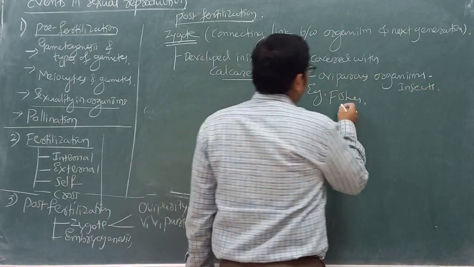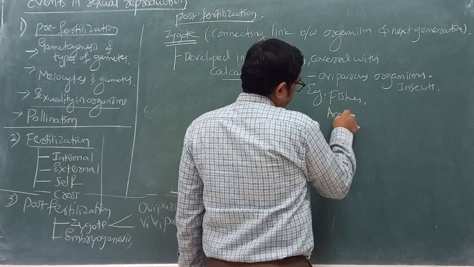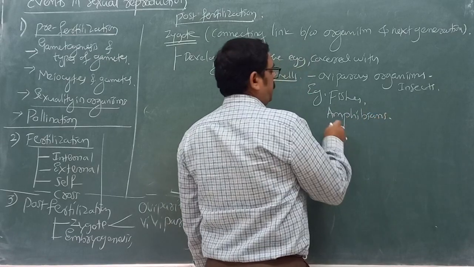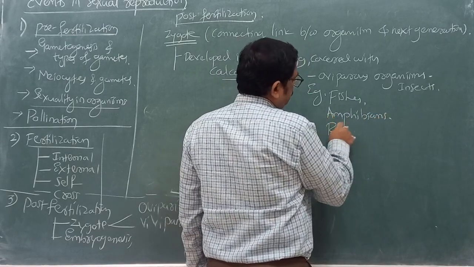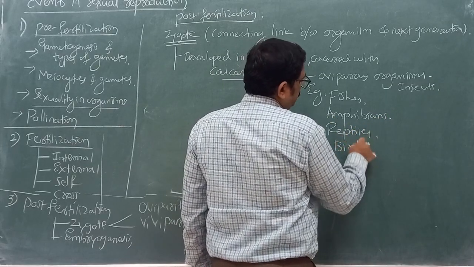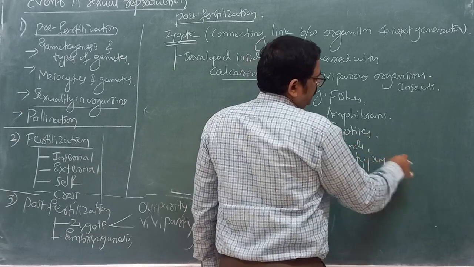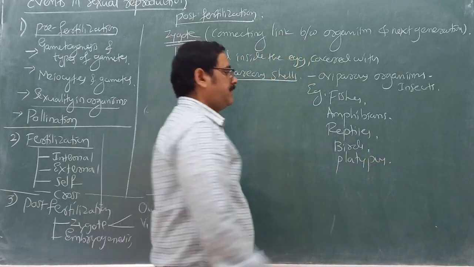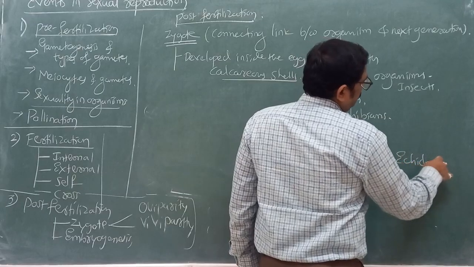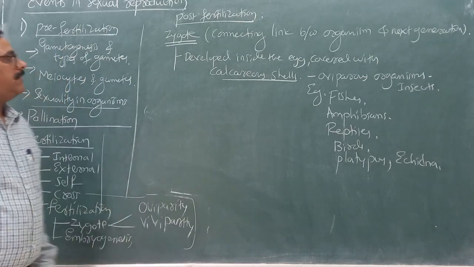Insects, fishes, and then mainly amphibians, as well as reptiles, birds, and platypus. Egg-laying mammal, platypus, as well as one more is echidna. So these are oviparous. Okay.